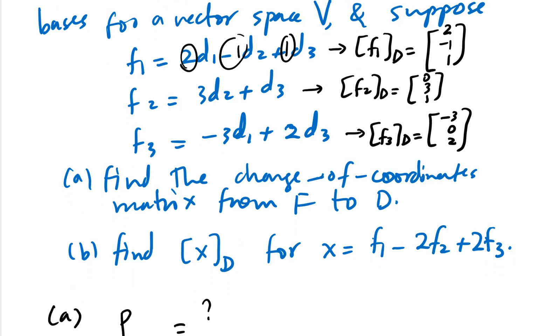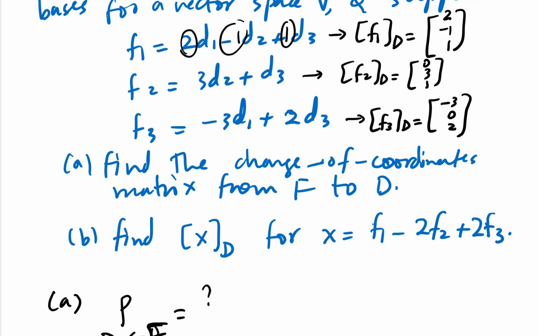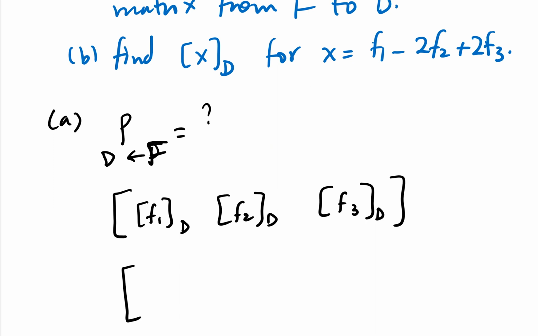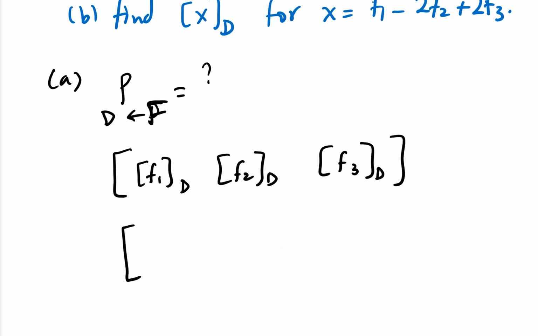So we're gonna put these vectors here: 2, -1, 1, 0, 3, 1, -3, 0, 2. So that gives me the change of coordinates from F to D.